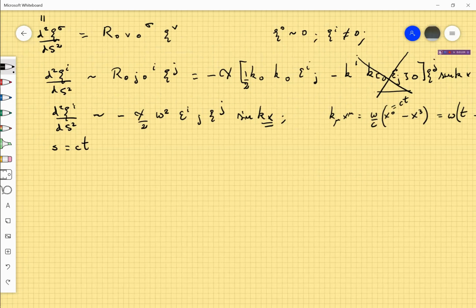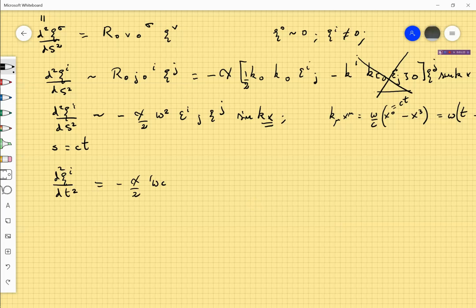So, in conclusion, the equation becomes d squared psi i dt squared, and okay, approximately or equal, let's write equal. You know that we are working with certain approximations.